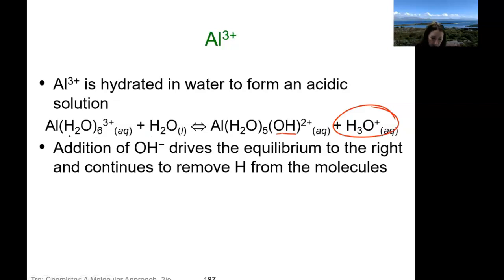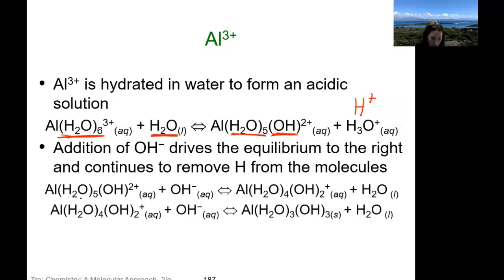So you see here, this is water 6, this is water 5, and now it's an OH. So it took an H off, right? And remember, I wrote H3O plus, but it might be easier for you just to see it as an H. But again, remember, H doesn't actually exist. It's really H3O plus. But if you keep doing this, we're going to have 5 waters, and then we'll have 4 waters and an OH, 3 and an OH.